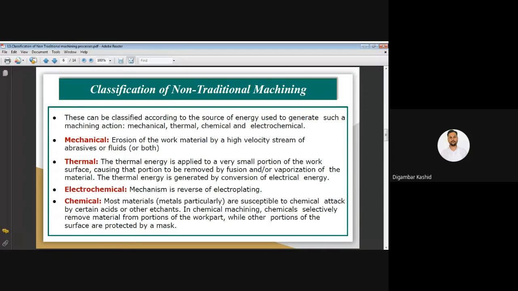Let us discuss the classification of various advanced machining processes based on the different kinds of energy used. These can be classified according to the source of energy used to generate such a machining action.